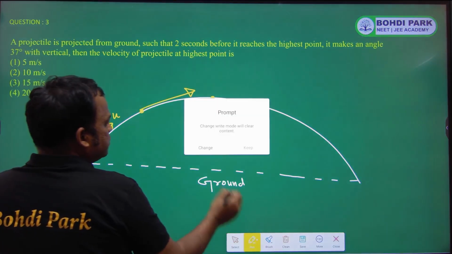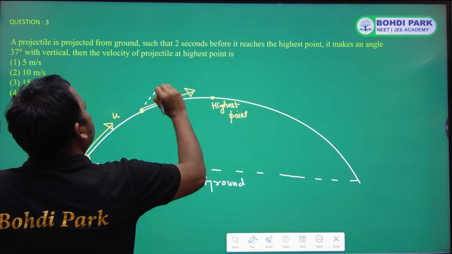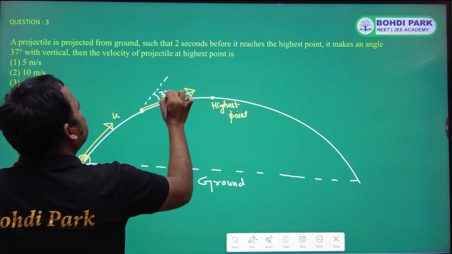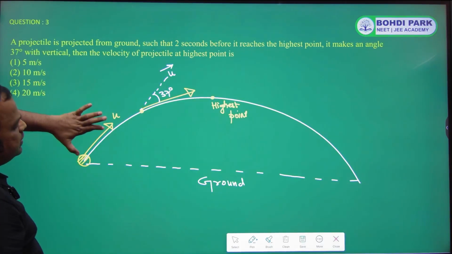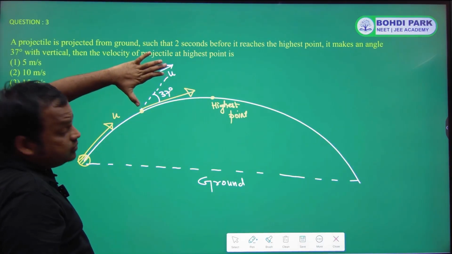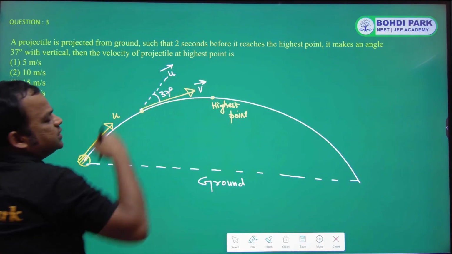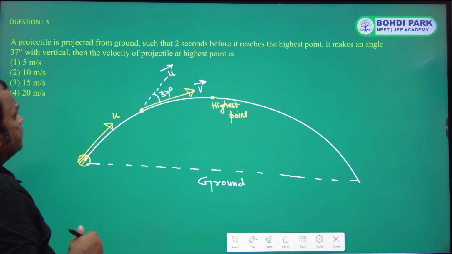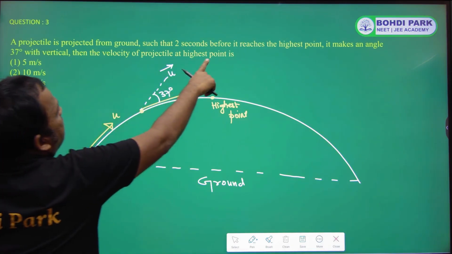Now this final velocity is making an angle 37 degree with initial velocity. So this is the initial velocity and this is the final velocity. The angle between them is 37 degree. So then the velocity of projectile at highest point.